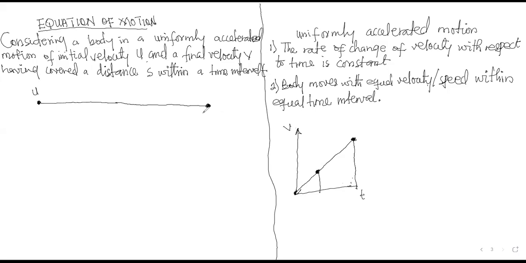And then the body ends with a final velocity v. During this change in velocity, the distance covered by the body is given as s. And it took a time interval of t to complete this distance.